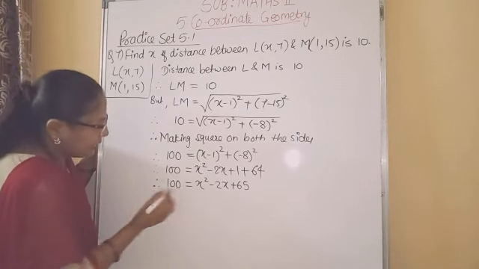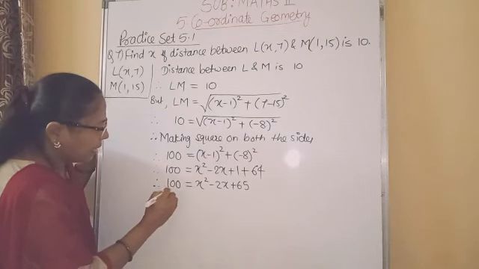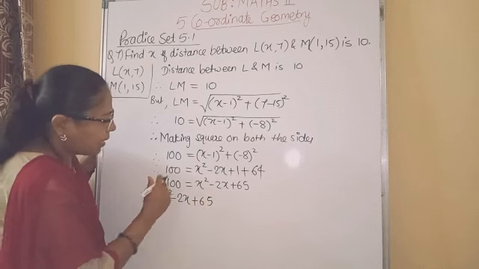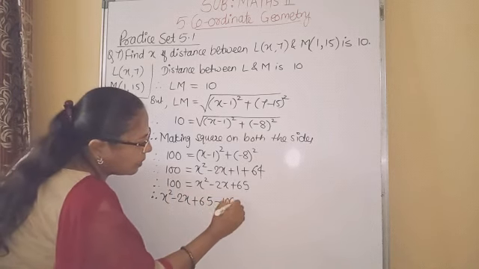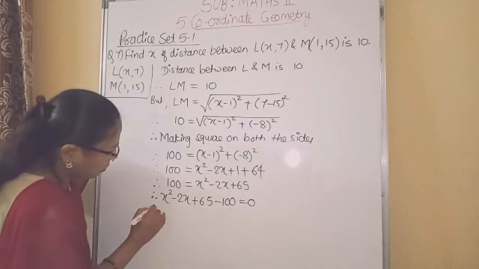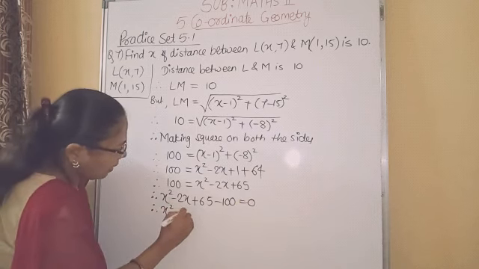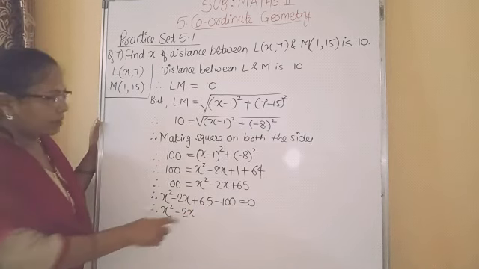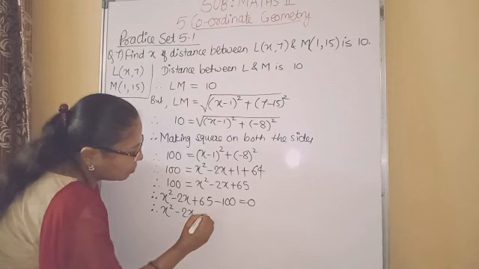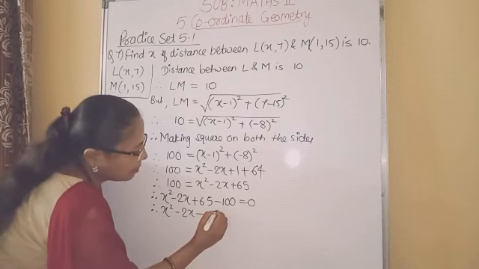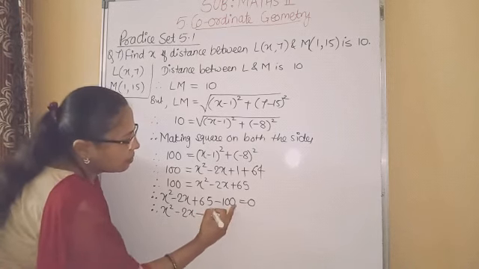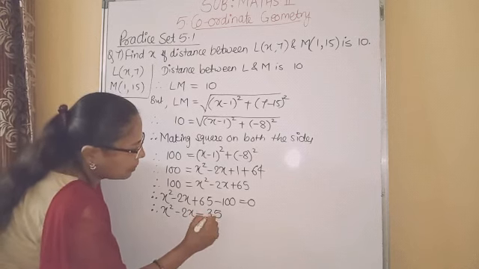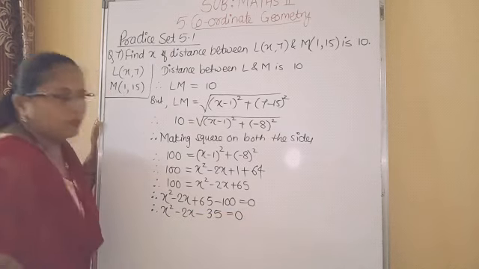So x square minus 2x plus 65 minus 100 equal to 0. So x square minus 2x, now 65 minus 100, 100 minus 65 we have to do, so we will get a minus sign here, minus 35, equal to 0.